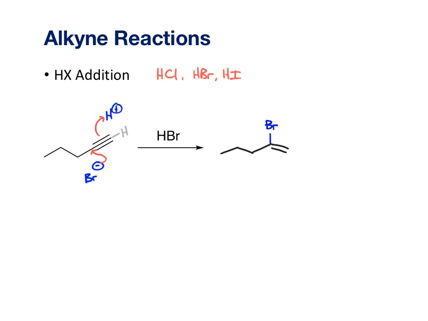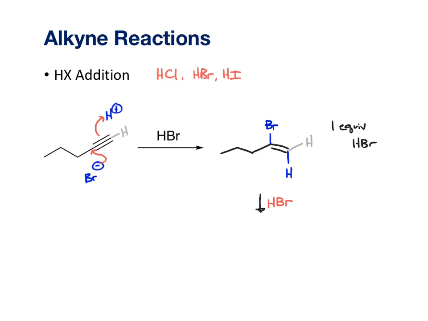We have the bromine. There's the new hydrogen that's added. Here's the old hydrogen. So if you just use one equivalent of HBr, that's the product. If you were to use an excess or two equivalents, say we add more HBr, this would still follow Markovnikov's addition.